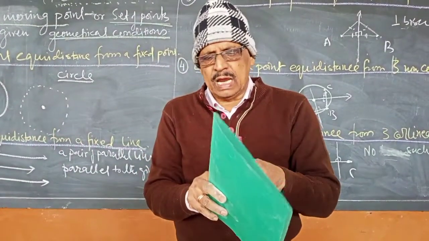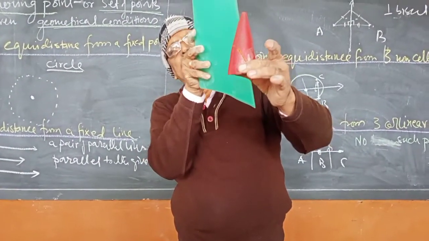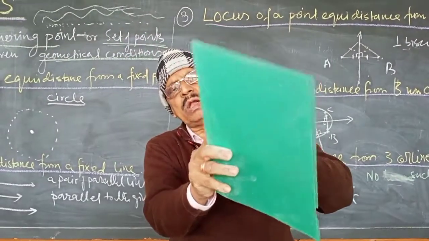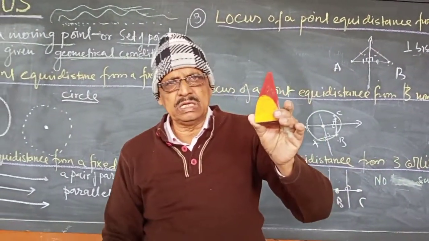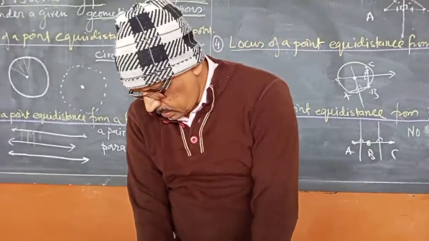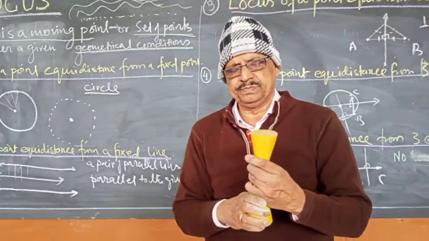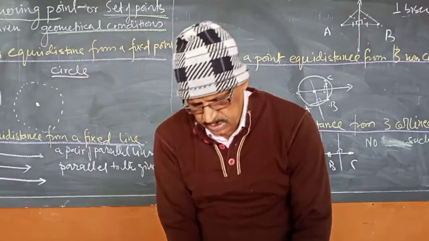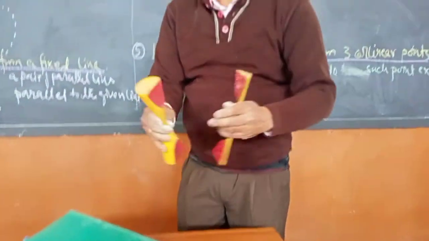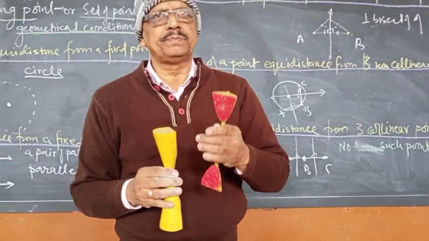If I cut it parallel to the generating line, this is the generating line, then this section is called a parabola. Now, if I cut it perpendicular to the base, a section is coming that is called a hyperbola.